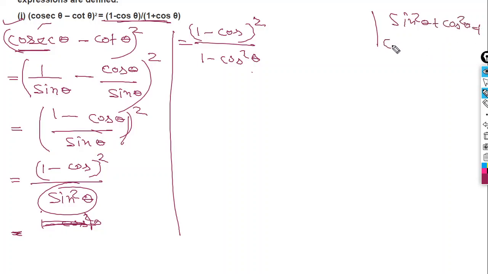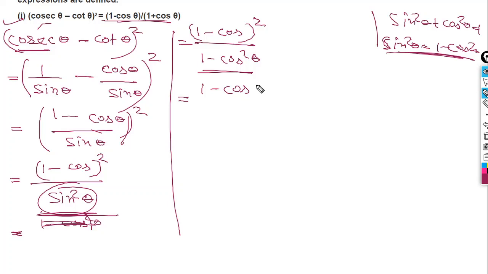So sin square theta equals 1 minus cos square theta. Now instead of sin square theta we have written 1 minus cos square theta.